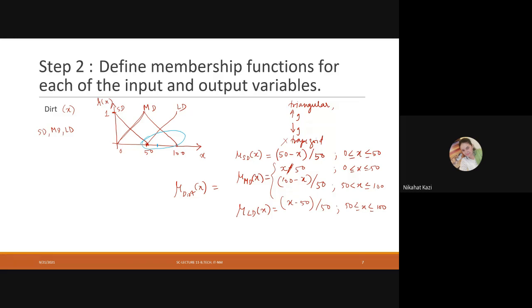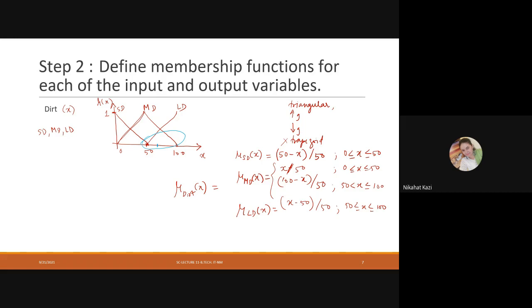Which membership functions does it fall under? Medium dirt and large dirt. So to actually find the fuzzy value for 60, which is a crisp value, you need to fuzzify it, right? The step is fuzzification. You need to look at the graphs to see what range it is lying in. It is lying in both the medium dirt as well as the large dirt range.